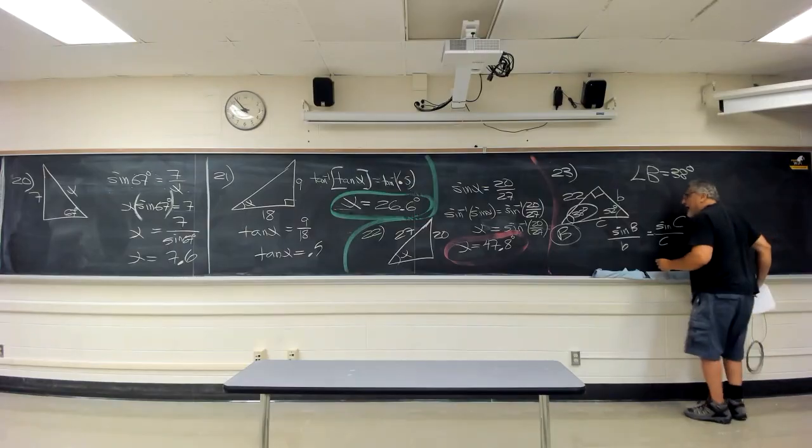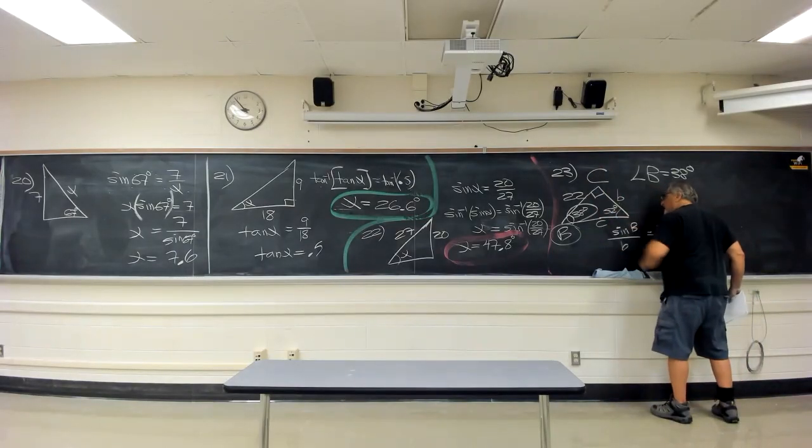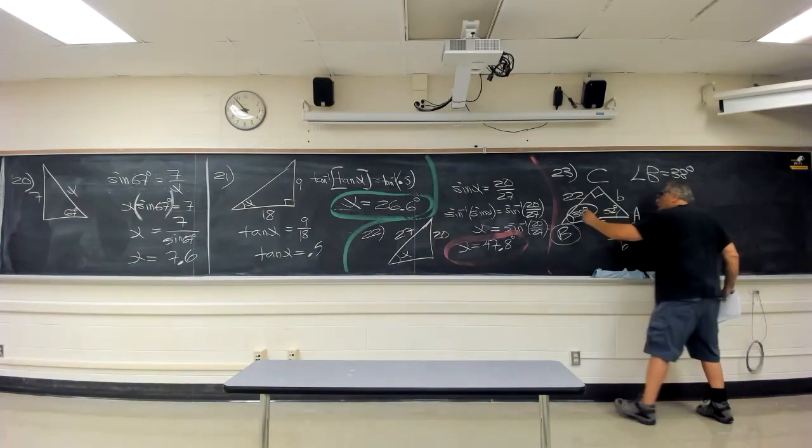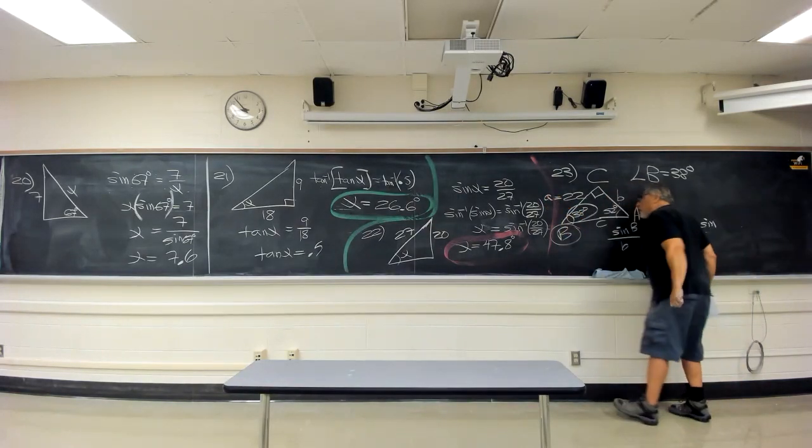If that's B, I can call this big C, and I can call this guy A, and small a is equal to 22.